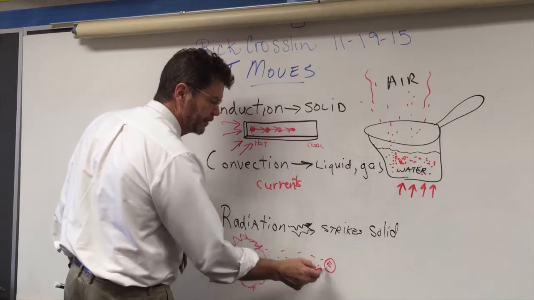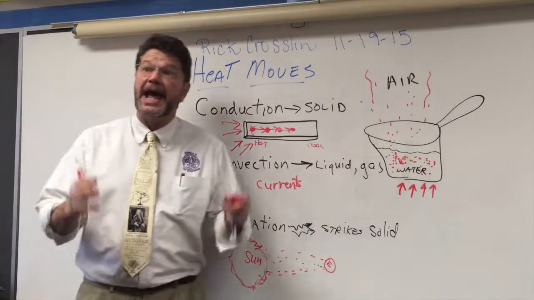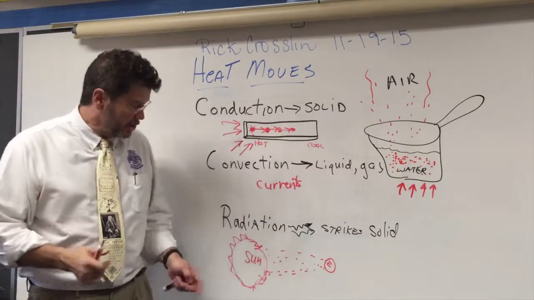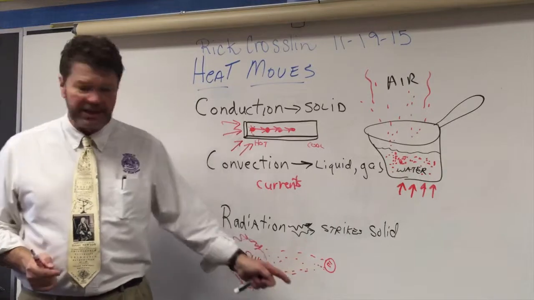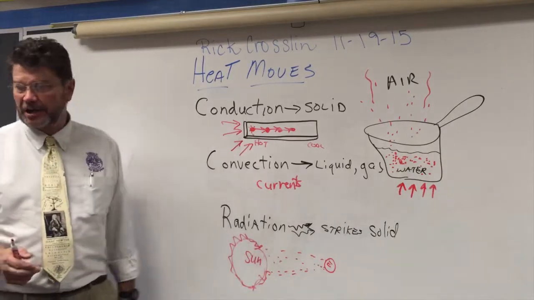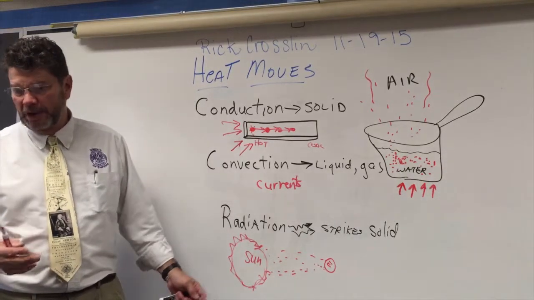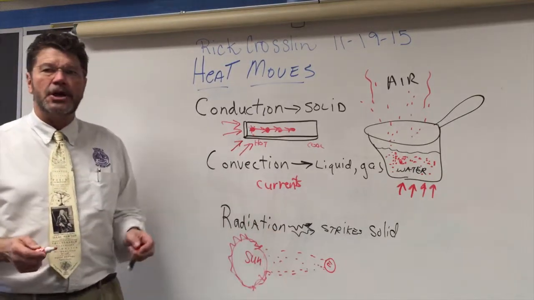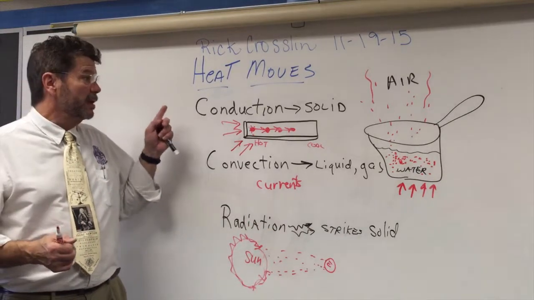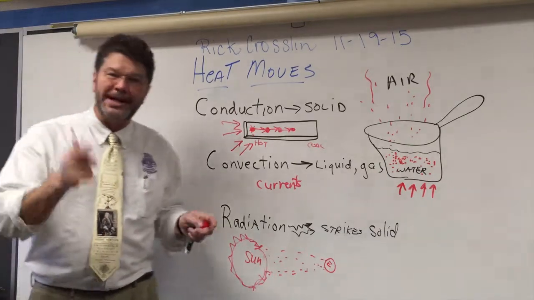And when it strikes the earth, it gets hot. So radiation goes through empty space. It doesn't do anything until it strikes a solid or a liquid and it starts to get hot. So we have conduction, convection, radiation.